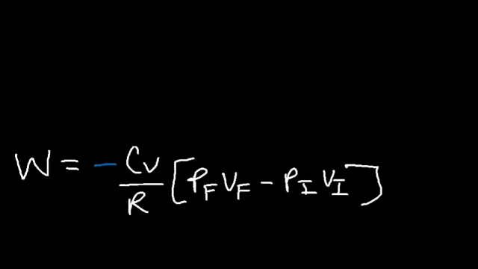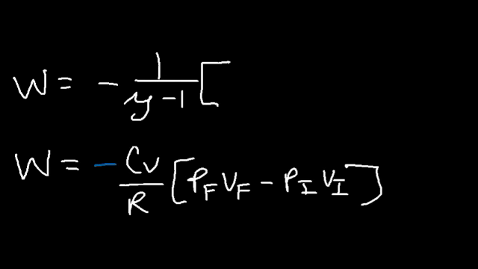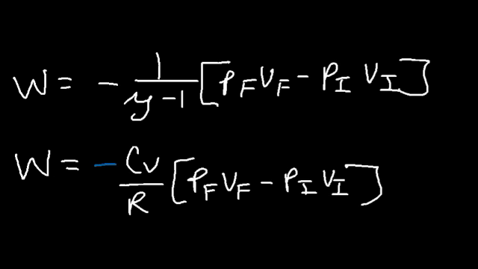You can also use this equation. W is equal to negative 1 over gamma minus 1 times P final V final minus P initial V initial. You can get that equation using the fact that CV is R over gamma minus 1.